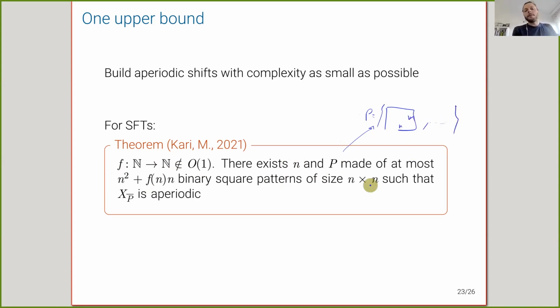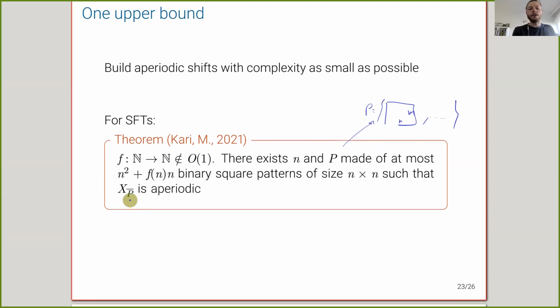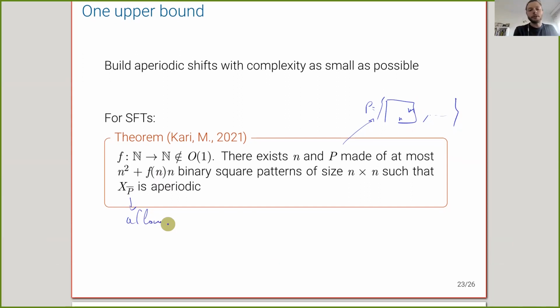And you know that you can build not too many of these patterns, just n squared plus f of n binary square patterns, such that the subshift in which you allow only these patterns, so you will see in all the configurations only these few patterns, is aperiodic.